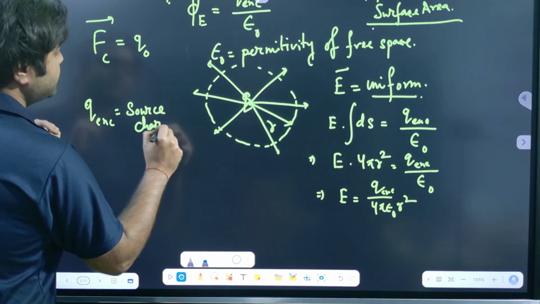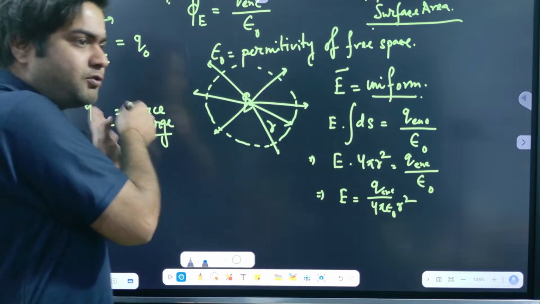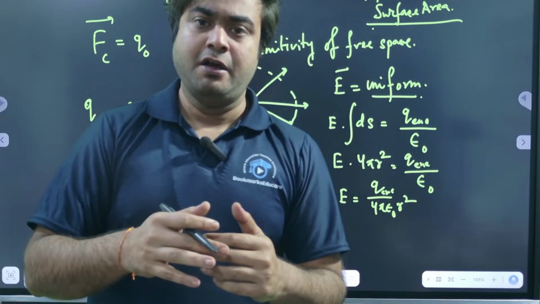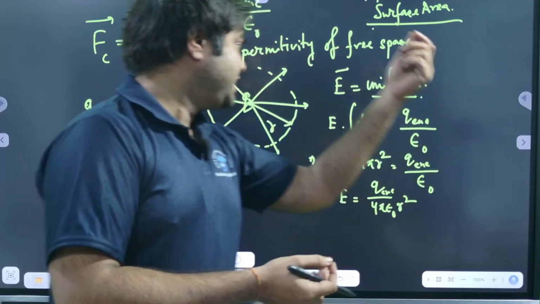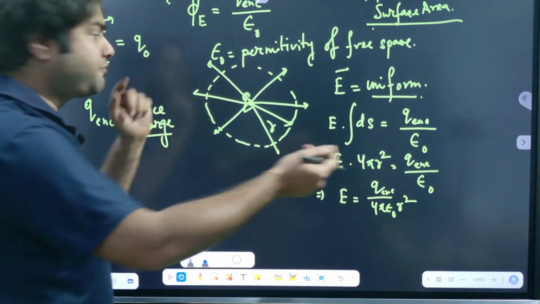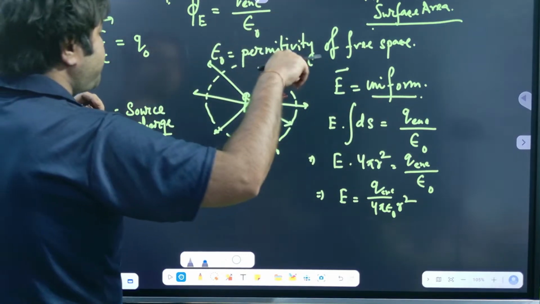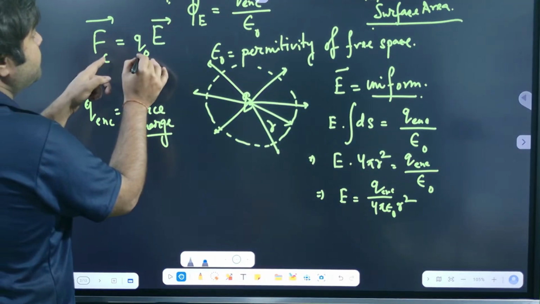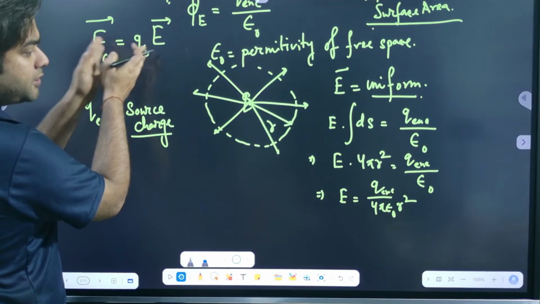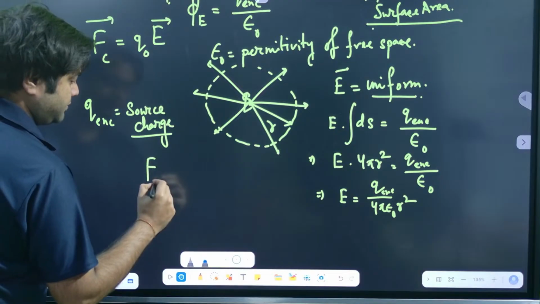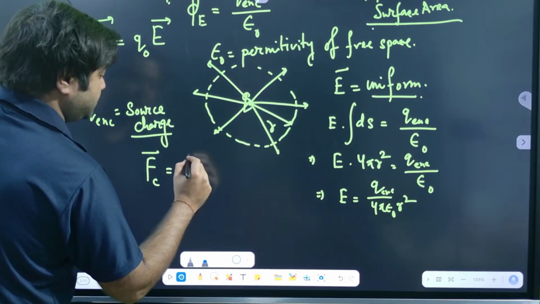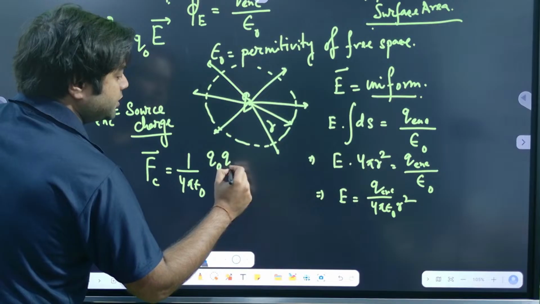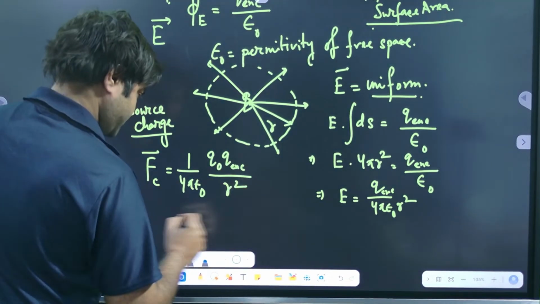Because due to this charge an electric field has been created, in which you are bringing this test charge from an infinite distance, suppose to a point r. So the Coulomb force will correspond to this amount: q naught q enclosed divided by 4 pi epsilon naught r square.